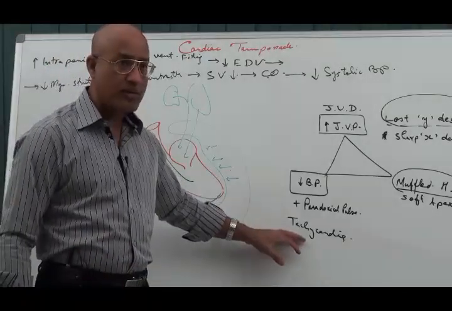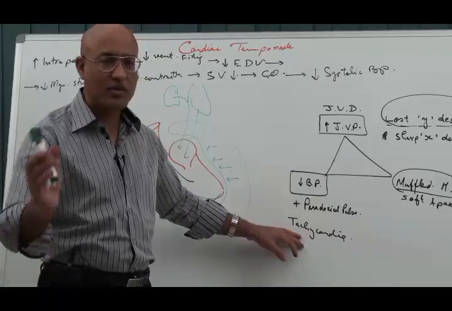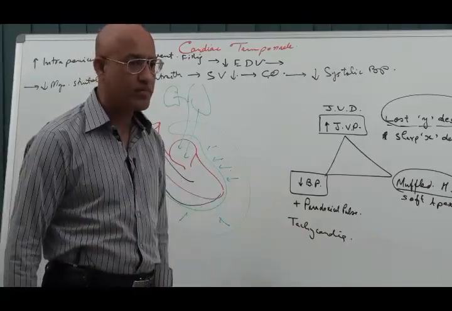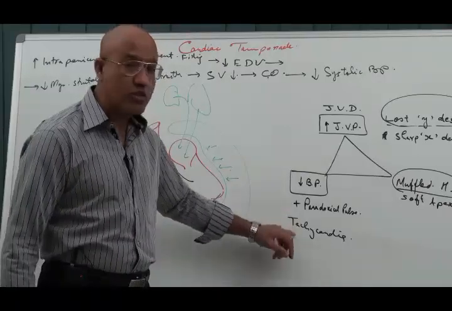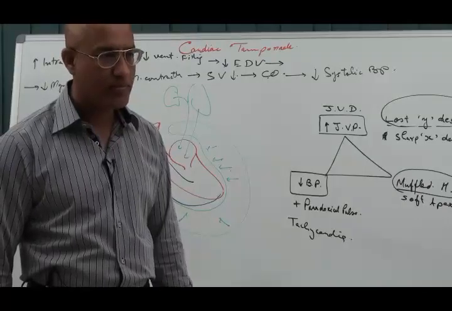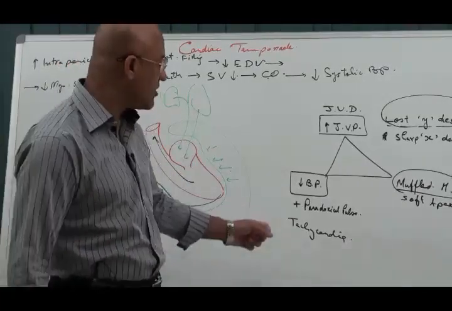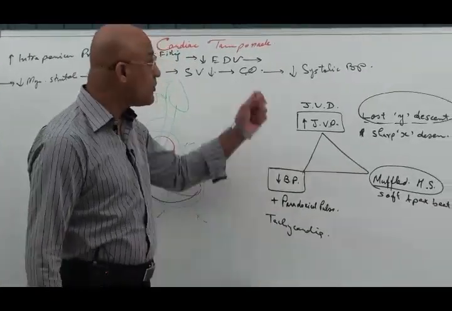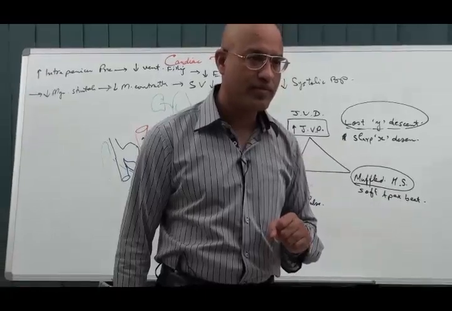Tachycardia is very important. Tachycardia is not, of course, specific for tamponade. Tachycardia occurs in so many conditions, but there is a very important thing, write it down. If there is no tachycardia, there is no tamponade, except 2 or 3 conditions. If there is no tachycardia, the patient doesn't have tamponade. If JVP is not distended, your diagnosis is wrong, it is not tamponade.